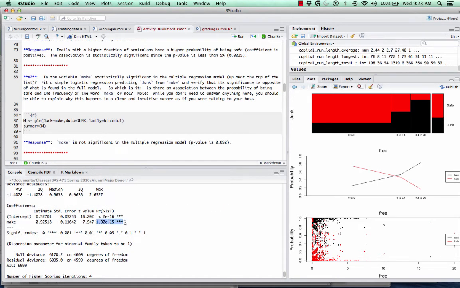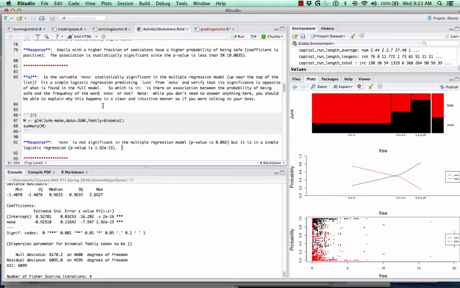We see that in a simple logistic regression model, make is highly statistically significant because the p-value is much less than 5% here. The p-value is 1.92e-15 here. So we're asked, which is it? Is there an association between the probability of being safe and the frequency of the word make, or not?